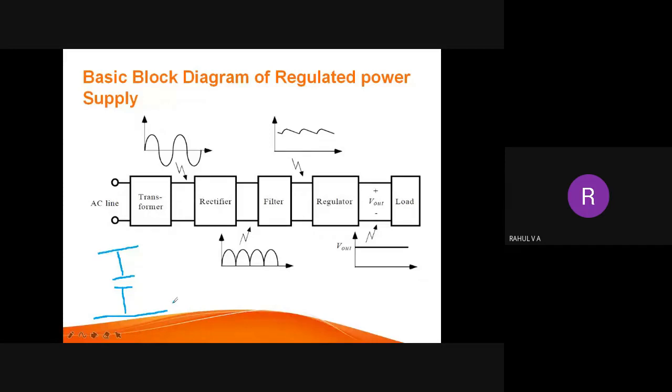The rectifier converts AC to pulsating DC. There are two types of rectifier, half wave and full wave. Only half of the wave will be present in the output with a half wave rectifier, and the full wave will be present with a full wave rectifier. There are two types of full wave rectifier, center tap and bridge rectifier. We'll be studying the bridge rectifier in this module.